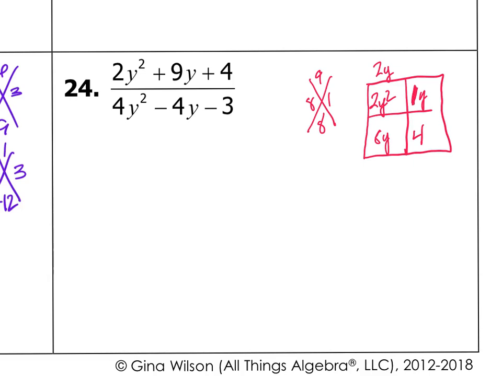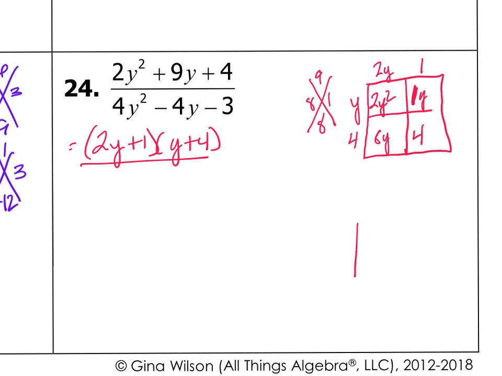See, I can't even read my own writing. And this is 1, and this is y, and this is 4. So the top factors to be 2y plus 1 and y plus 4.